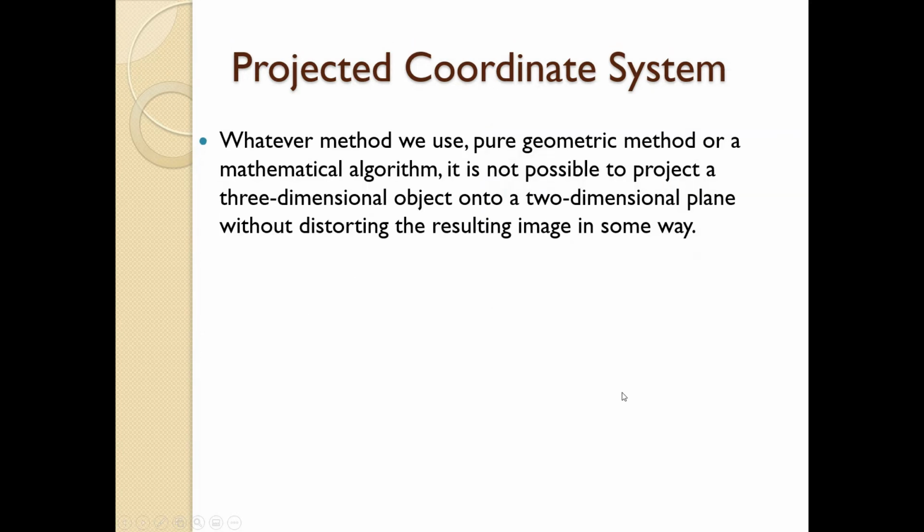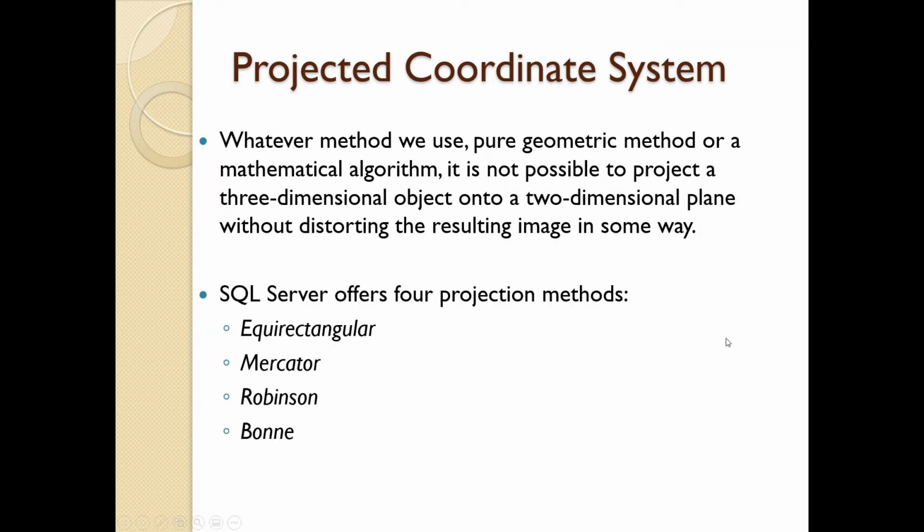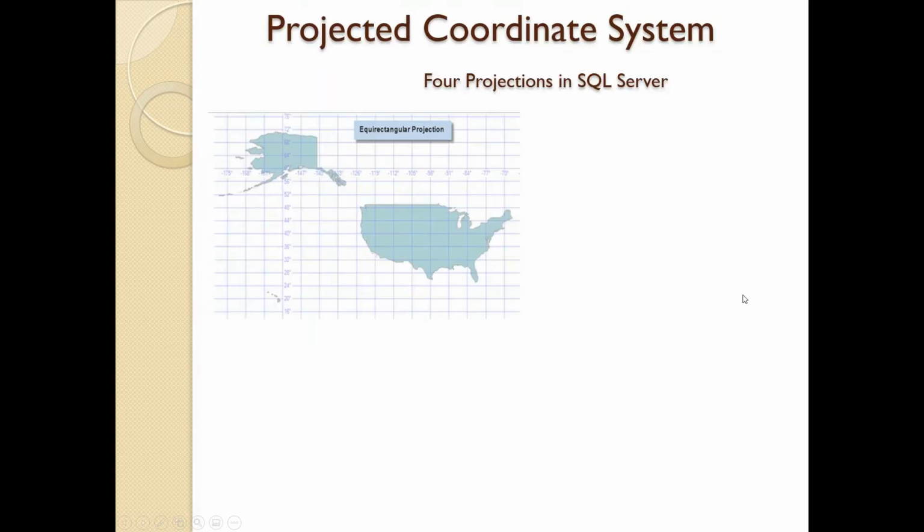There are basically 4 kinds of projection methods used in SQL Server. The first one is equirectangular, and then there's a Mercator projection, a Robinson projection, and a Bonne projection.